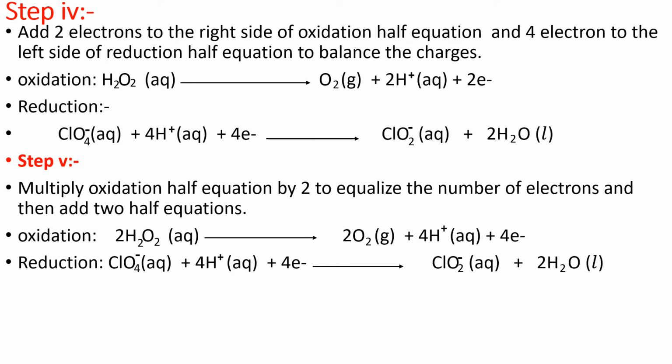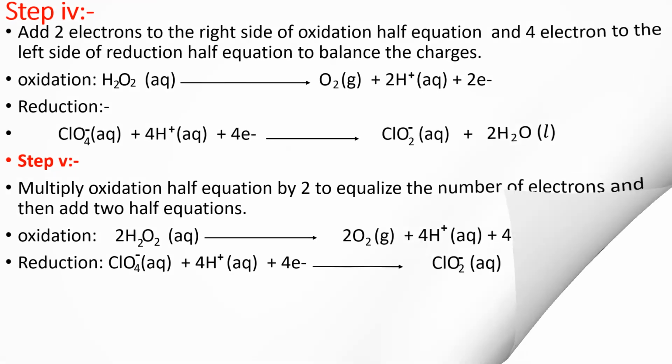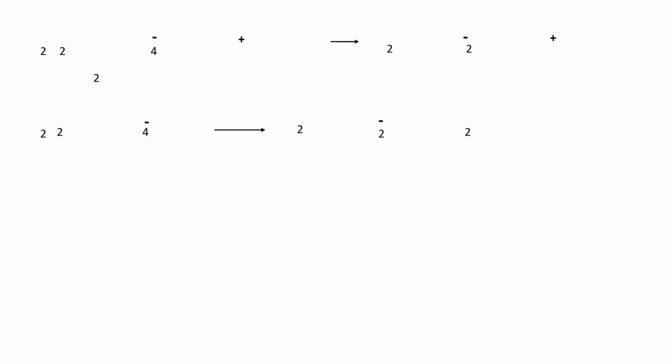The remaining part stays the same: ClO4- plus 4 H+ plus 4 electrons gives ClO2- plus twice H2O.